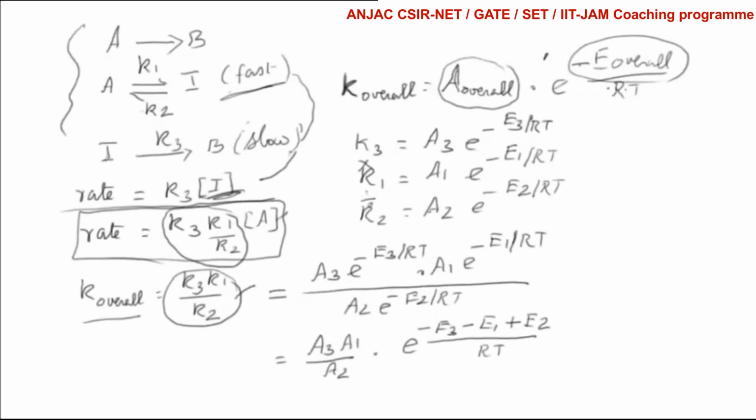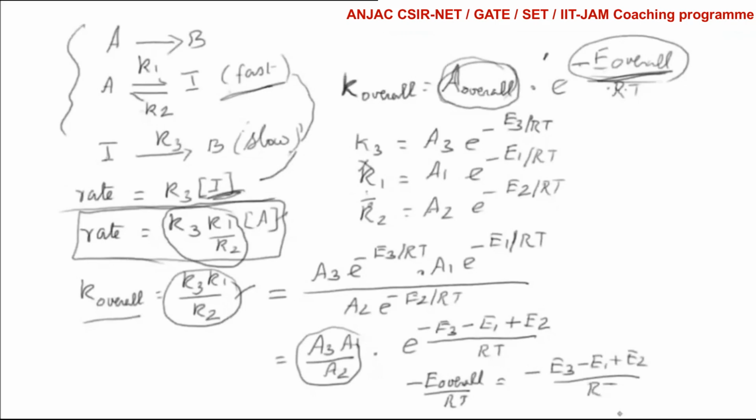Now you can calculate A overall, which is equal to this much. What is the energy of activation overall? E overall by RT is equal to minus E3 minus E1 plus E2 by RT.